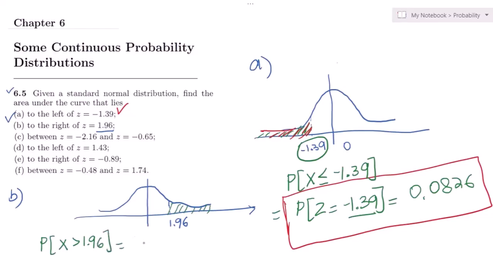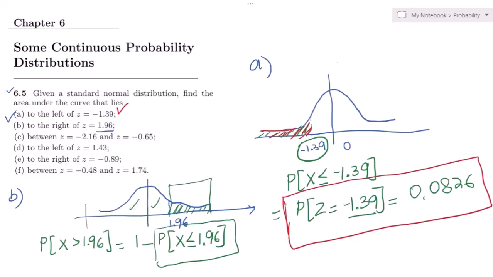This equals 1 minus the probability that z is less than or equal to 1.96. Why? Because the table has these values, so if I subtract the table area from the total area, I get the area I want.